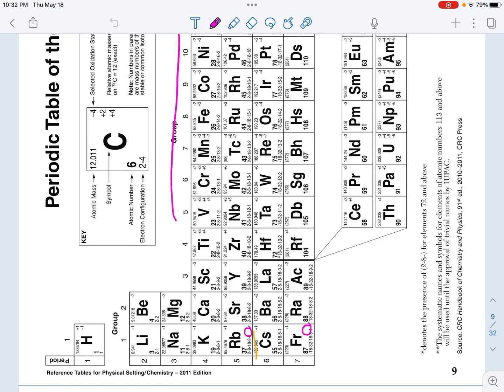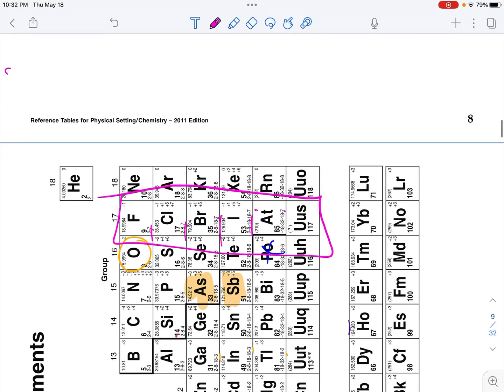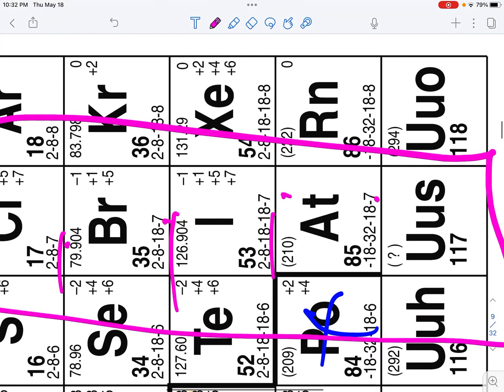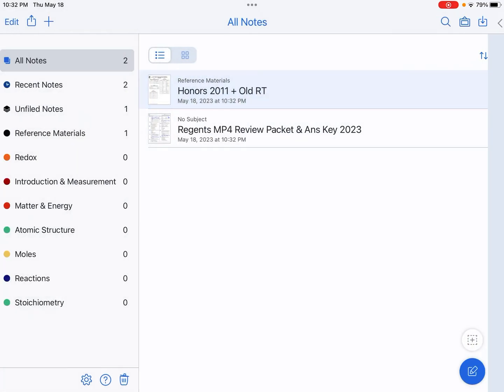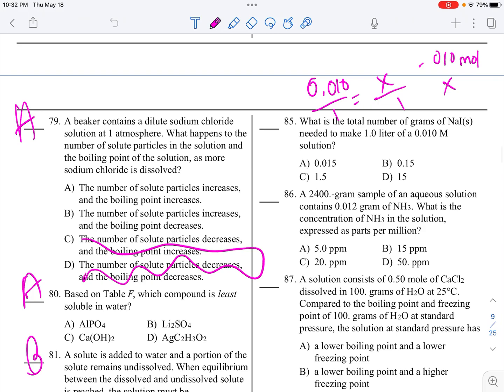See this right here? And I is 127. So that's a mass of 150. So 150 times 0.01 times 1.5.